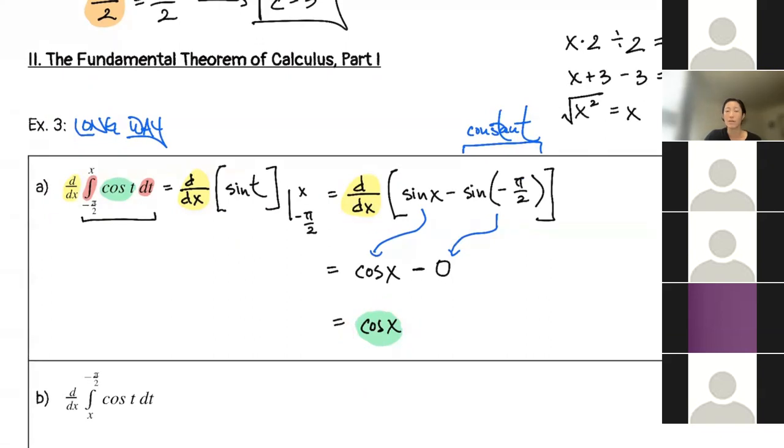Now, those of us who are sitting here might be thinking, well, but the one in the original problem had a t and our answer had an x. So how can you say that that's the same? If you're sitting here thinking that, that is absolutely valid. I'm wondering if someone can explain to us, where did the t go? Why is our final answer in terms of an x and not a t?